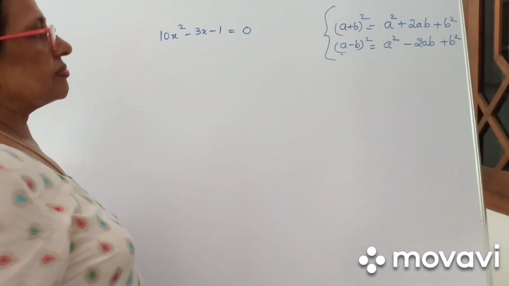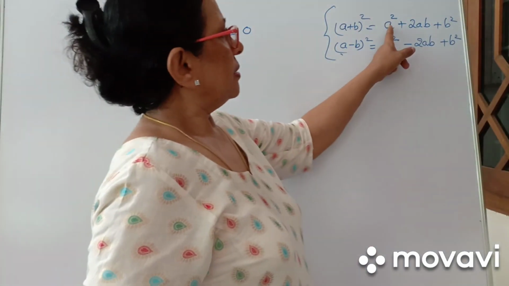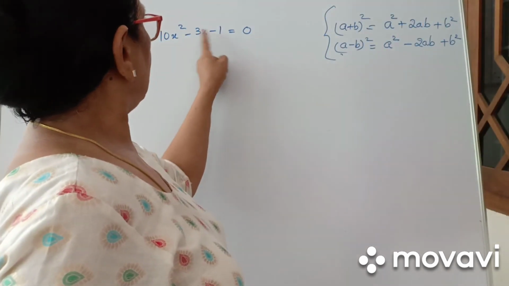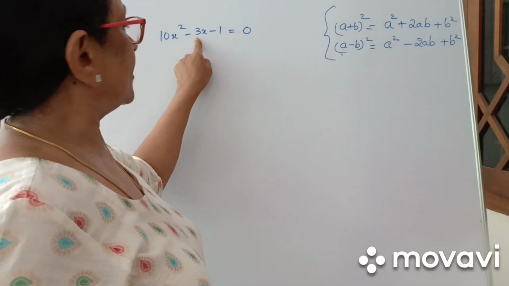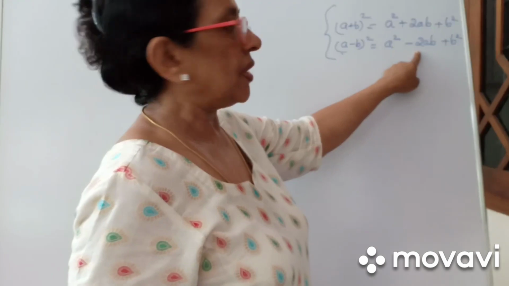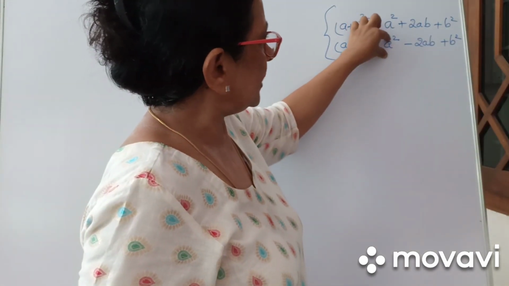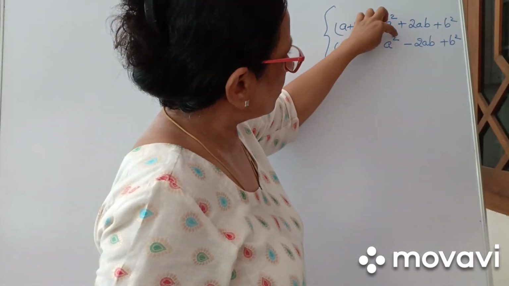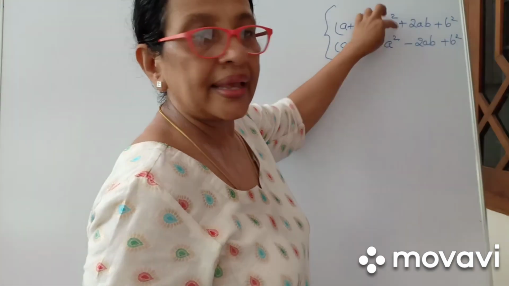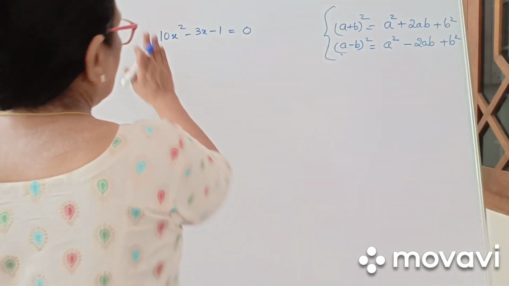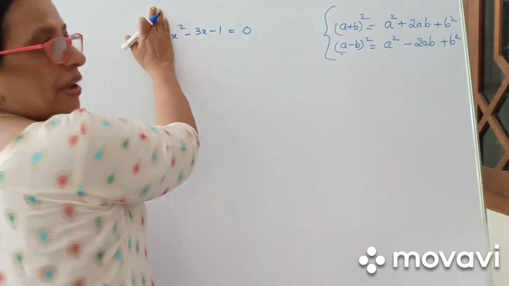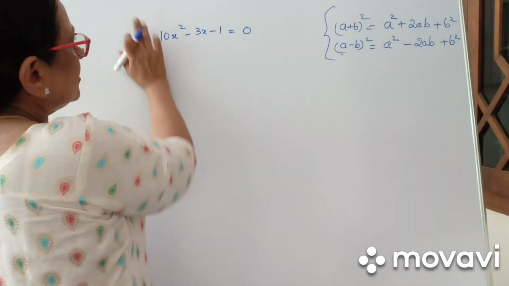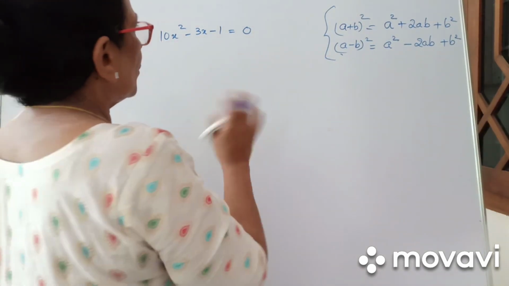Now, see, in this problem, you have the middle term negative. So you have to go to this formula. In this formula, you are writing this term completely as whole squared, a squared. So here, if you have x squared, you can write x whole squared. But this 10 is an extra over here. So what you have to do?